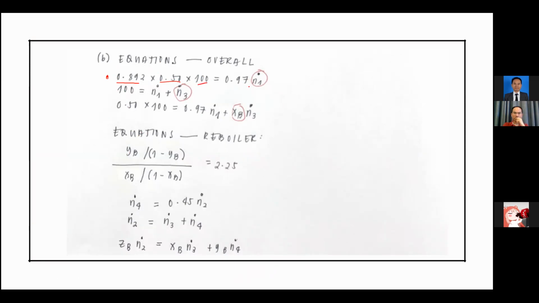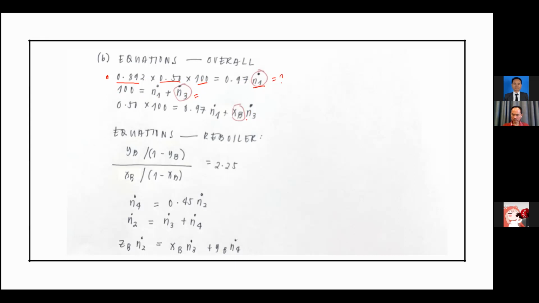The 0.97 is from the vapor leaving the top of the column. Then the N1 here is the variable that we must find. So 100, since it is 100 mole percent, is equal to N1 plus N3. The N3 is the product leaving the reboiler.